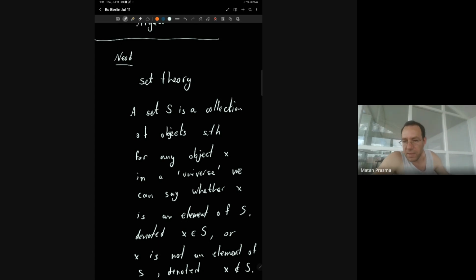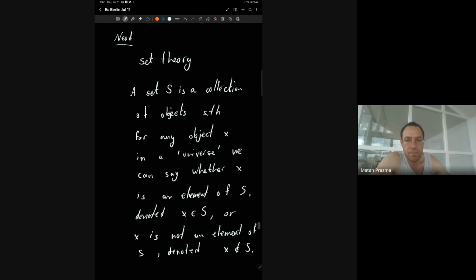And then set theory has a certain syntax that you need to be familiar with. Set theory has generally two versions. You have axiomatic set theory, which is logic, and this is something we will skip. And you have naive set theory, which is essentially the syntax of set theory explained to use it in a regular math discussion.